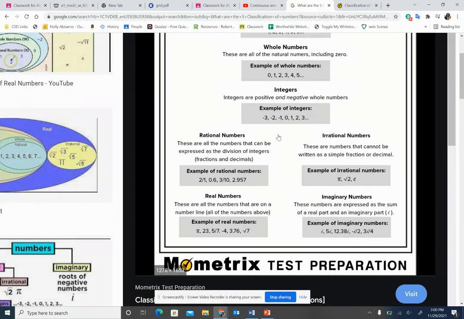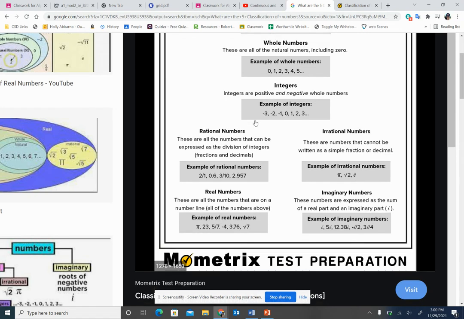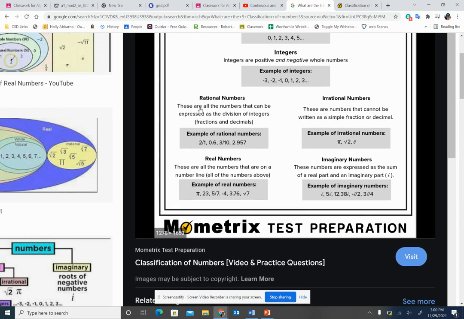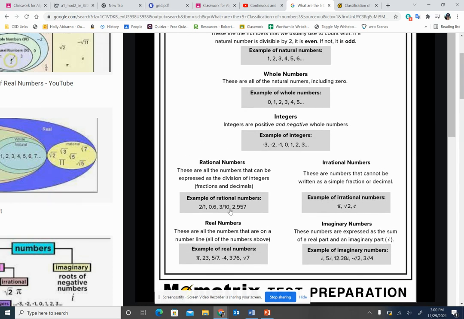So here we don't want all integers because we don't want negative numbers. We want rational numbers. These are all numbers that can be expressed as the division of an integer, fractions or decimals. So we want rational numbers. All right, we want all the numbers. We want the ones that are fractions and decimals and ratios. We want all the numbers in between.